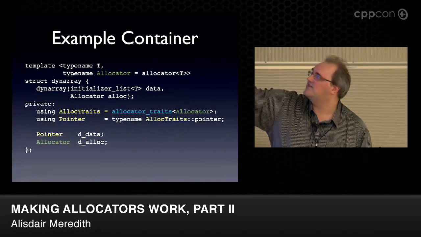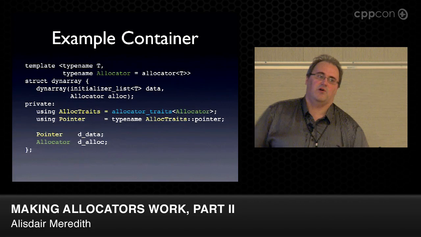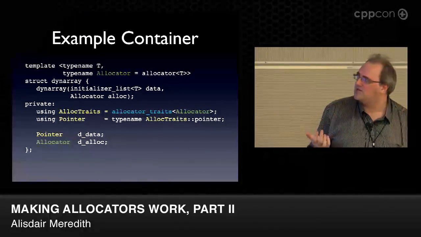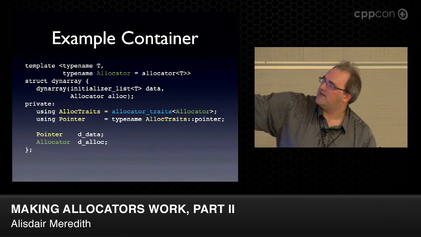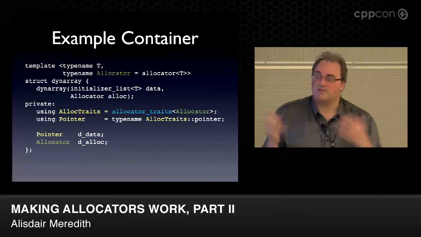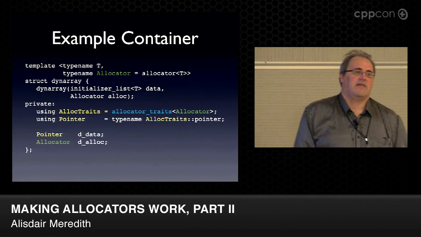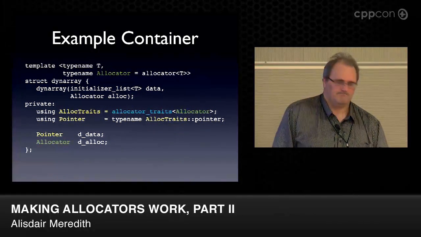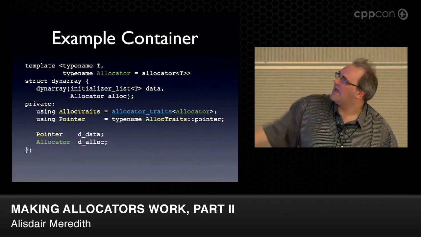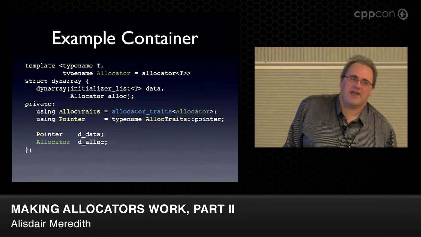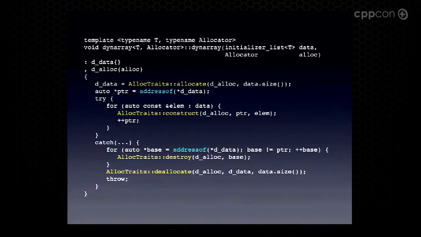My pointer is whatever the allocator trait says the pointer is. So my two data members are going to be the data of this pointer type and a copy of the allocator. And I guess it's arguable in this case whether I need the allocator, because I can allocate only at construction and then I'm done, but it makes our example much easier to keep the allocator around.